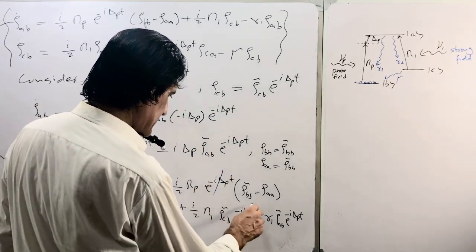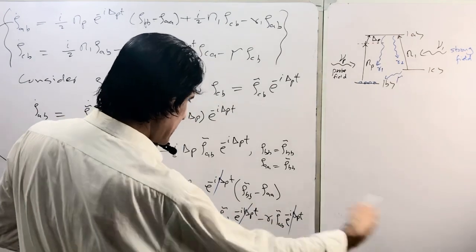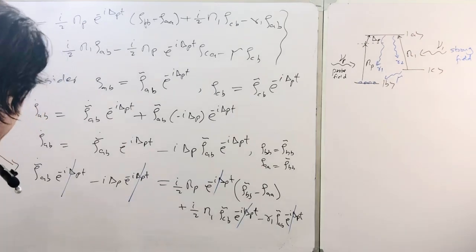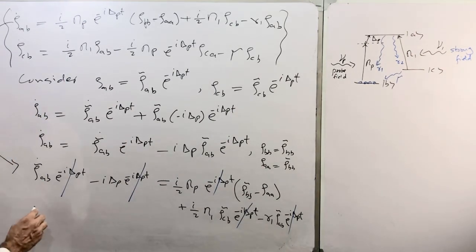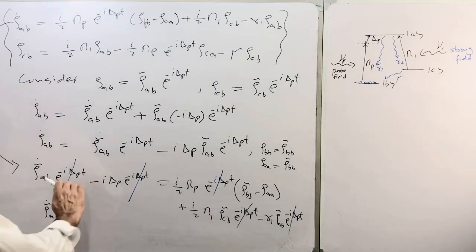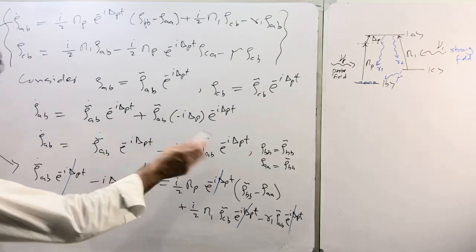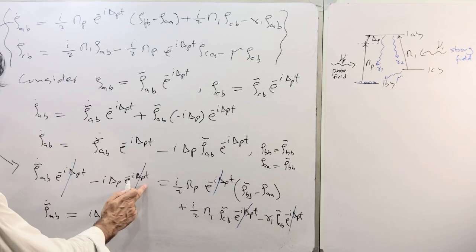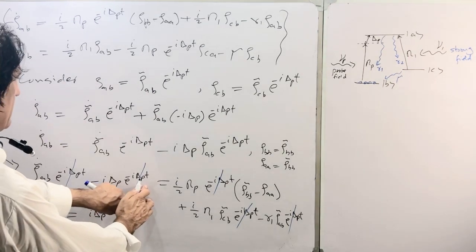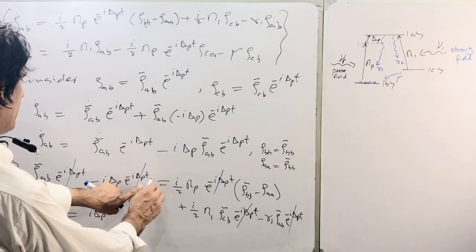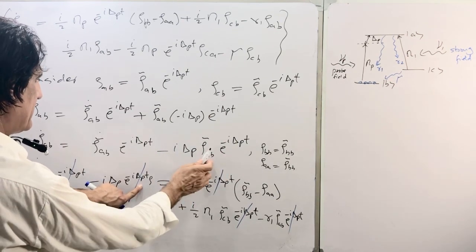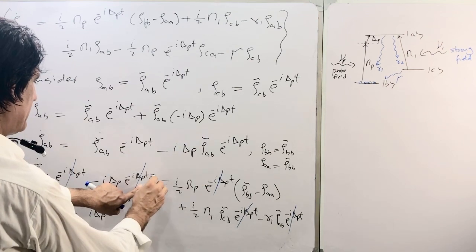This will cancel, so on the left hand side and the right hand side the exponential part will vanish, and we get only rho dot AB, and this minus goes to this side, iota delta P, and here there must be rho AB.